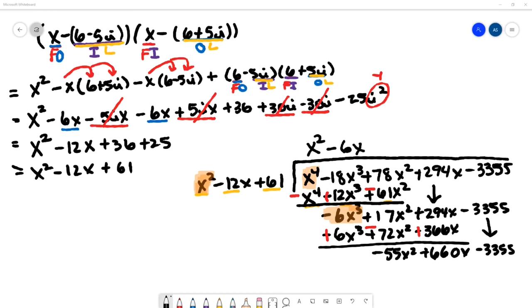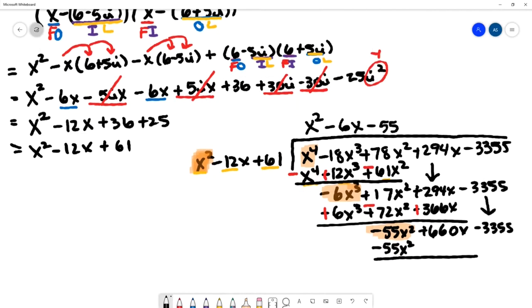Okay, so now we need to repeat that process one more time, and we want to try to match it with the negative 55x squared. So x squared times a negative 55 would make that work. We have negative 55x squared and negative 55 times negative 12.